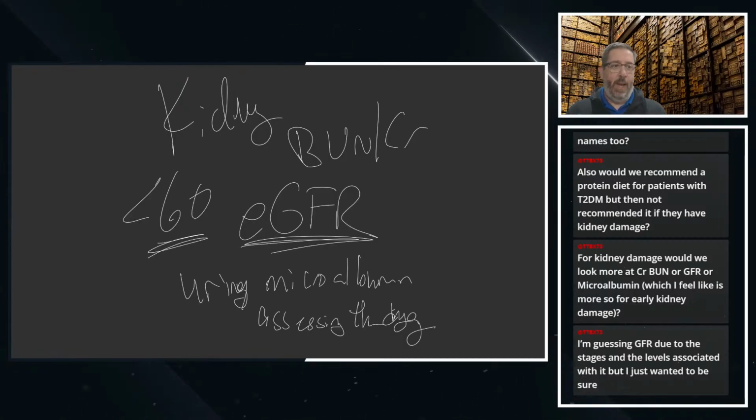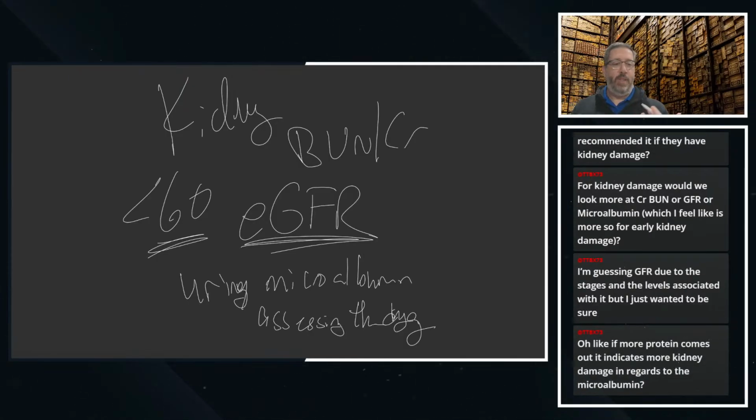They probably get a little more damage, so you see more protein slipping through into the urine. So GFR is a great thing to do all the time because it's just blood. You don't do a urine dipstick all the time, but obviously in an endocrine office, with diabetes patients, you need to do urine dipsticks to see what's going on.